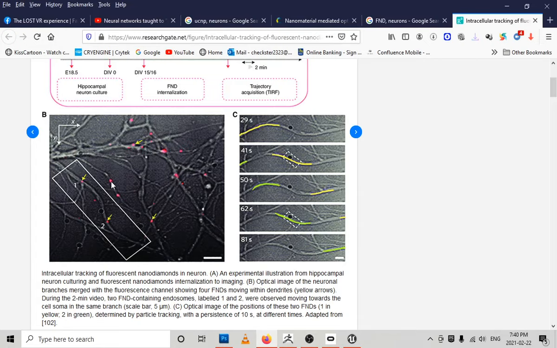And because of that, we can look at the light that comes back, and basically determine the quantum state of the nitrogen vacancy inside the neuron.